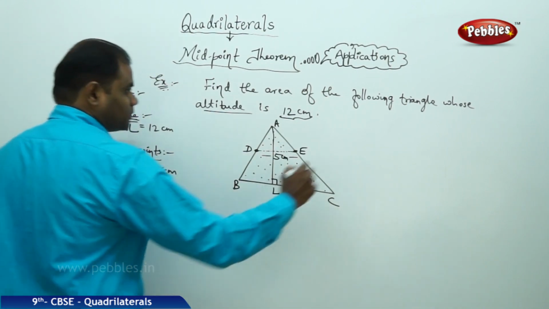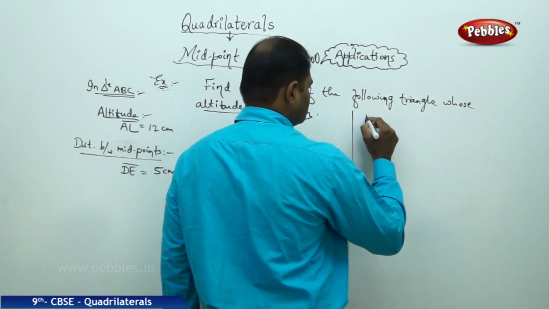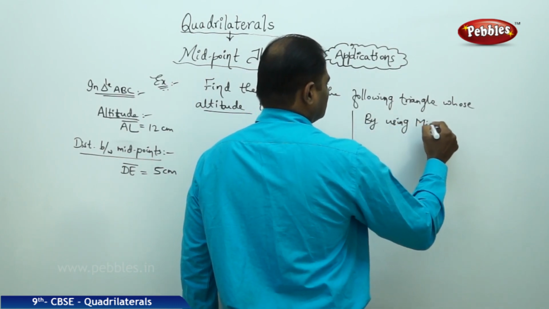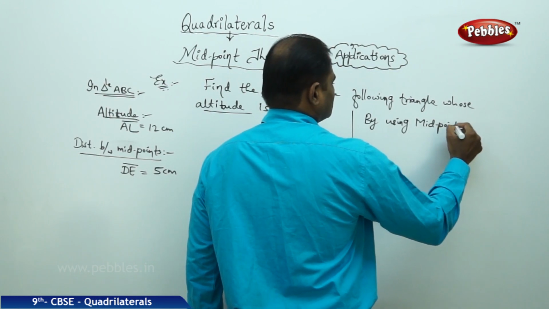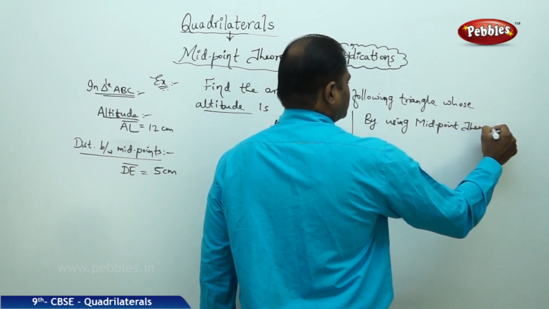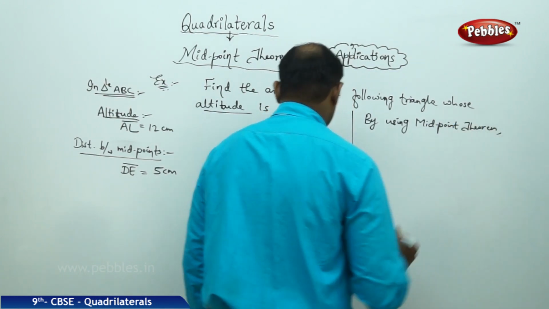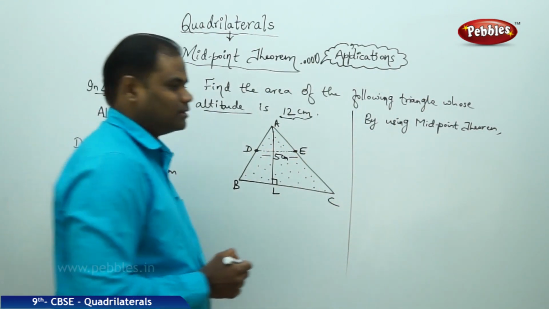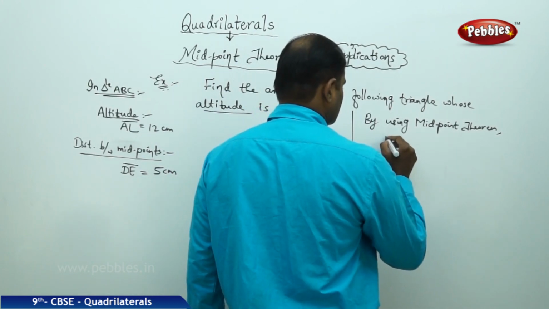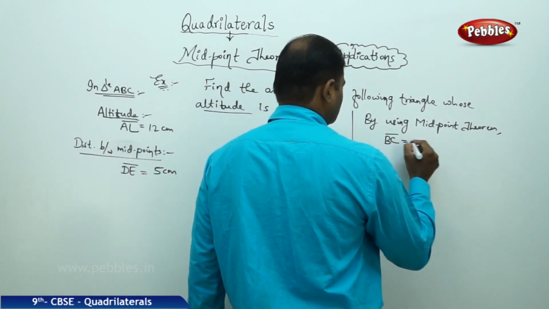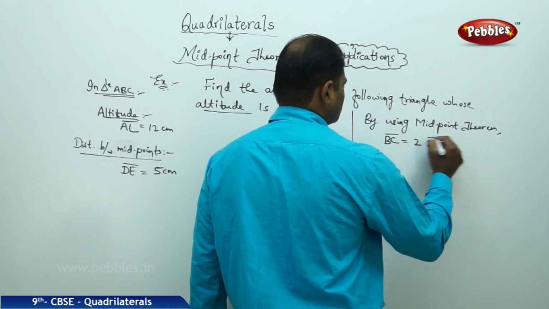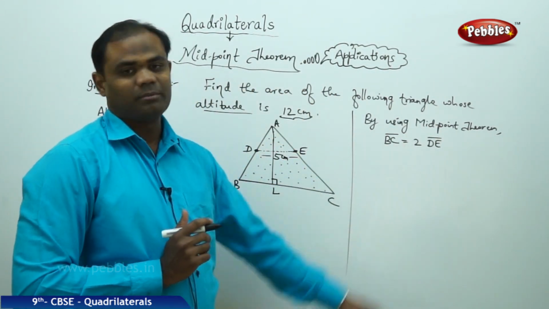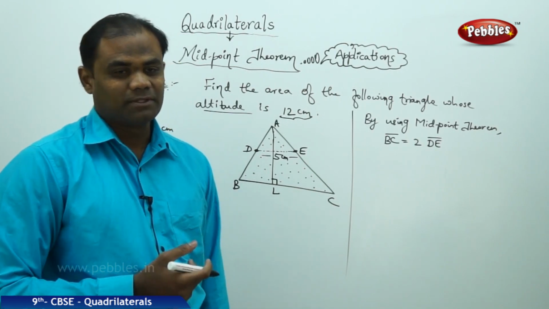By using midpoint theorem, in my triangle ABC, BC is twice DE. This is strictly from the extension of the midpoint theorem, as we have seen in the previous session.